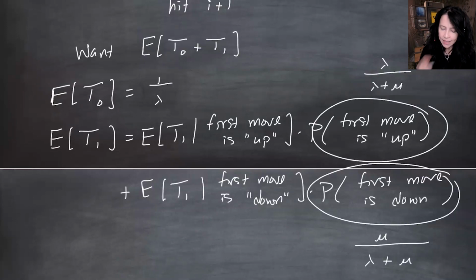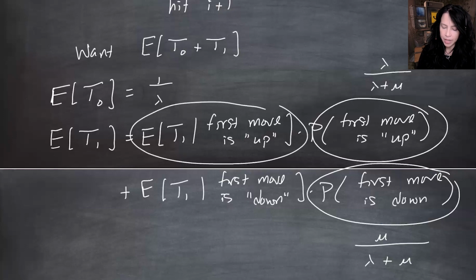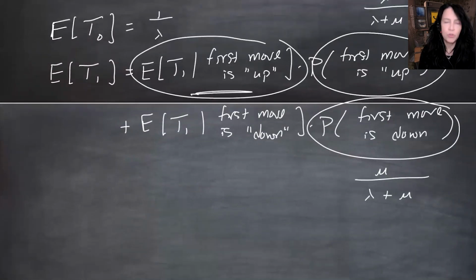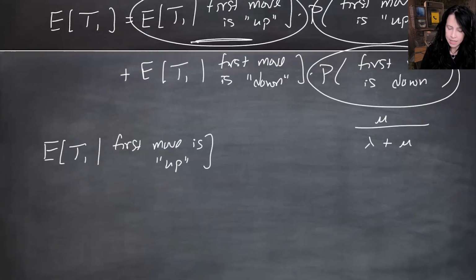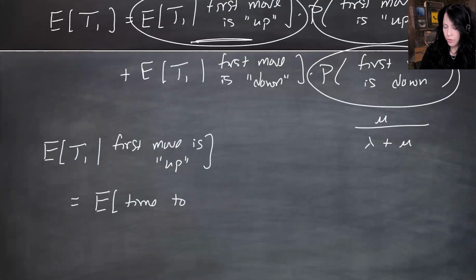Okay, so we need these other expectations. If the first move is up, then we will have hit state 2. How much time did that take? The expected time starting from 1 to hit state 2, given the first move is up, is just the expected time to a transition.